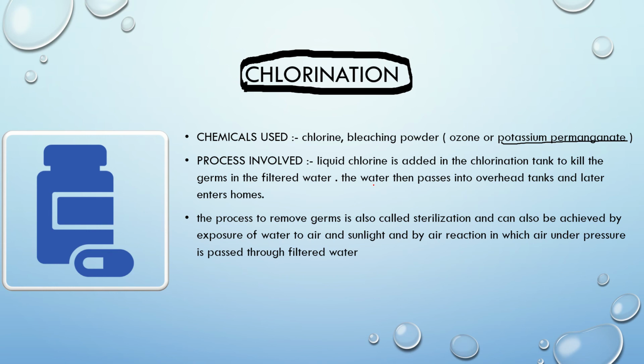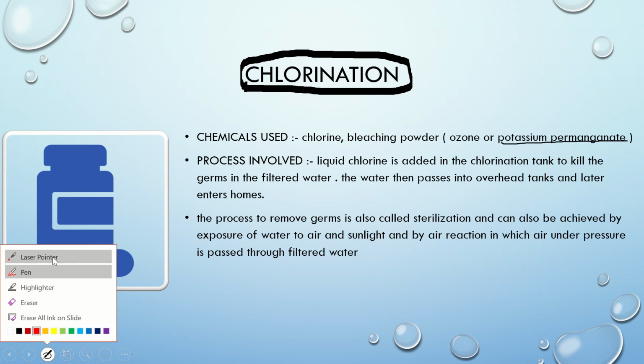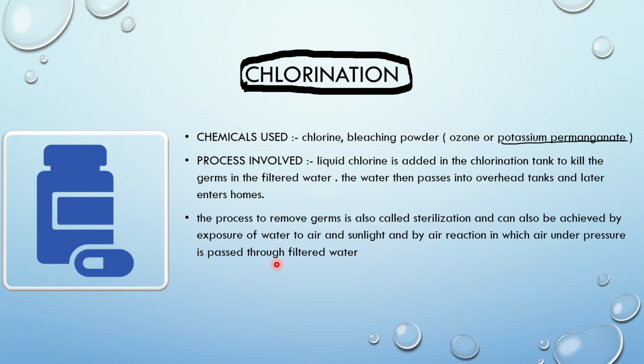First it goes into the chlorination tank, and then it kills the germs, and then the water passes to overhead tanks and later into homes. Removing germs is also called sterilization.